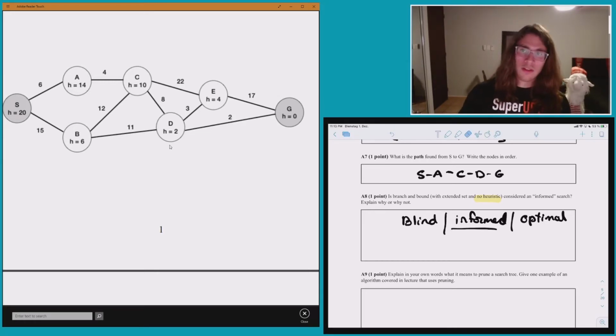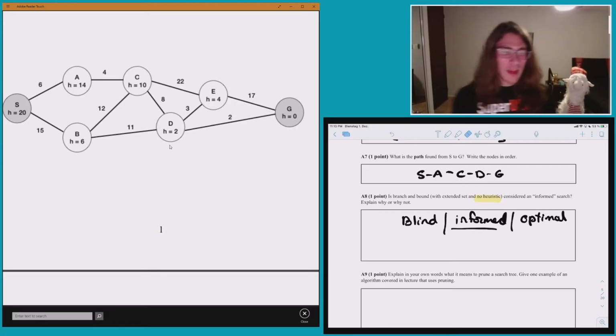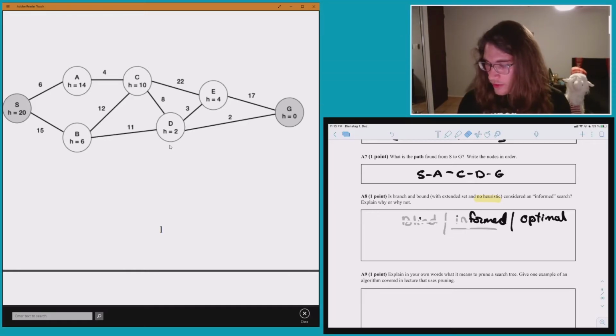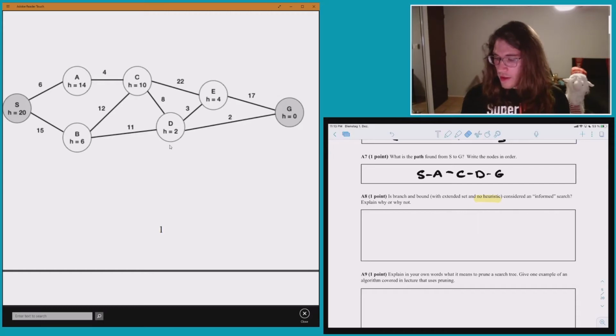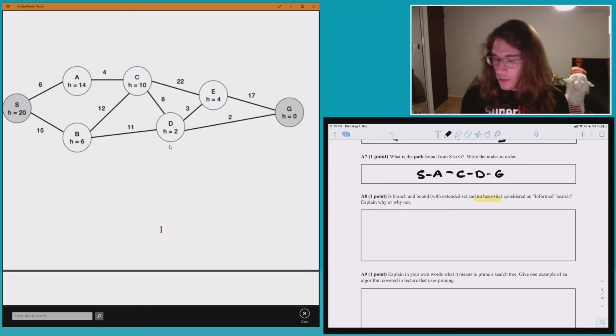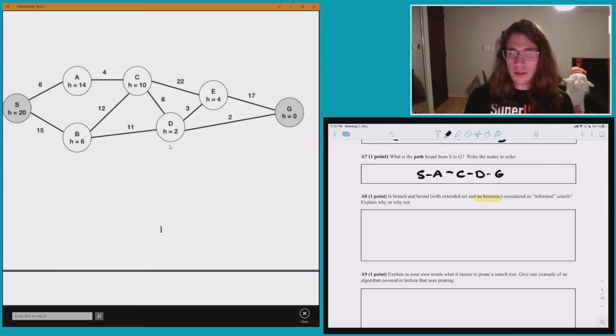to conduct their exploration, and they are informed because they have some rule of thumb that they use to estimate, in the case of the heuristic that we use in 6034, the distance from the node they are on to the goal. They are informed by that heuristic, but optimal searches use path length, and that's especially true with branch and bound with the extended set, because it's explicitly not using a heuristic.